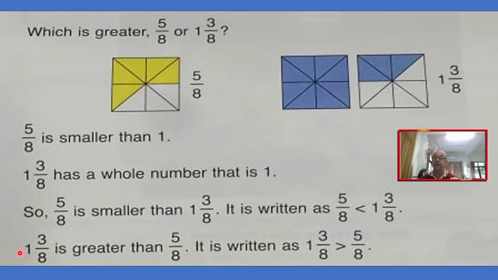Or we could write it as 1 and 3 over 8 is greater. Greater is bigger than 5 over 8. And with the maths it is written as 1 and 3 over 8 greater than 5 over 8.